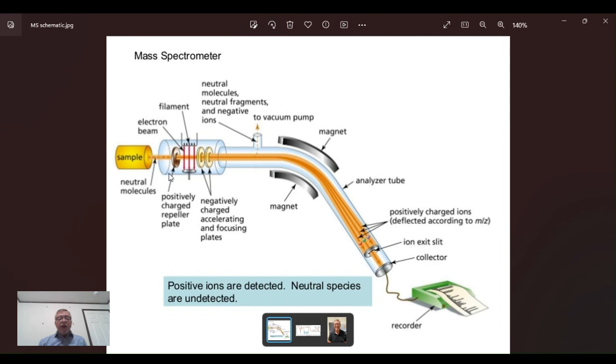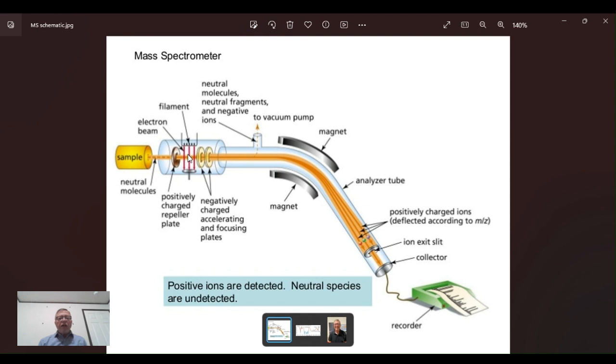Then we have a positive repeller plate that will, if they're positively charged, repel them. And then we have a negative filament that has an electron beam that will knock electrons out of the sample.